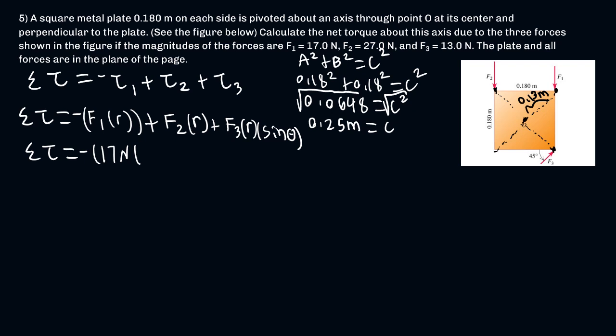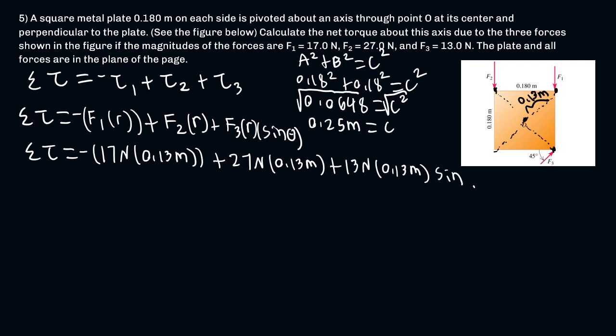That is multiplied by the distance from the axis of rotation, which is 0.13 meters, plus F2. F2 is going to be 27 newtons, times R, which again is 0.13 meters, plus F3 here. F3 is 13 newtons, times again R is 0.13 meters, but now we have sine here, and it says this angle is 45 degrees, so sine of 45 degrees.